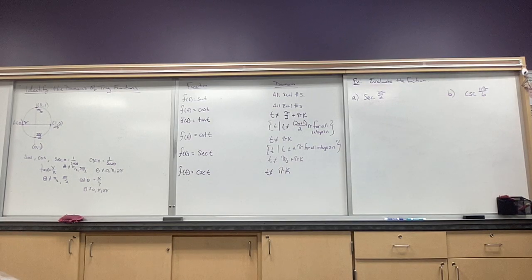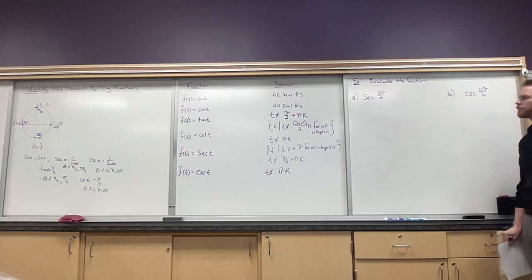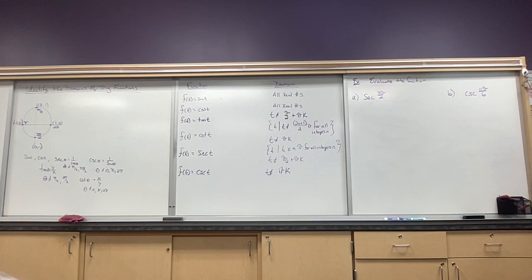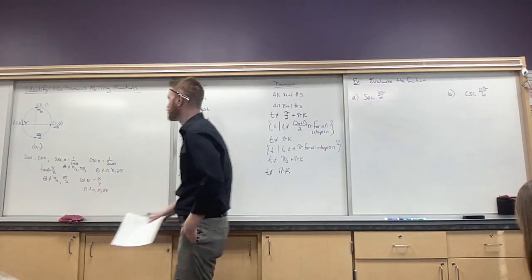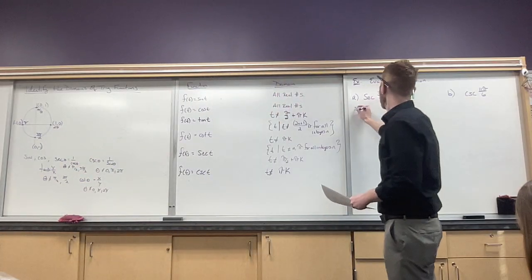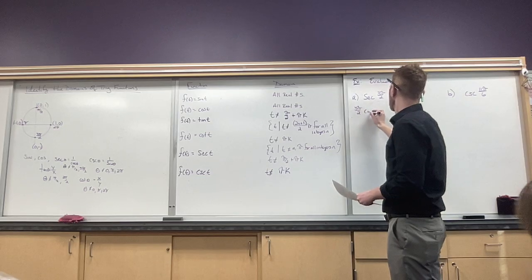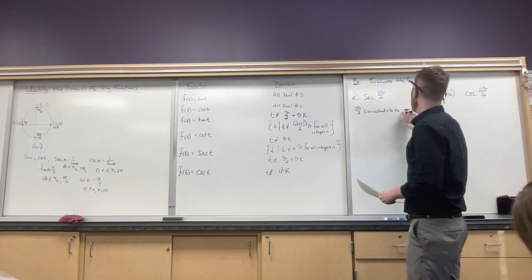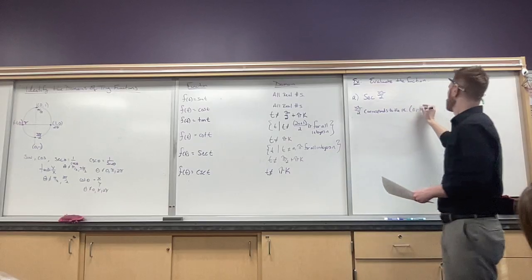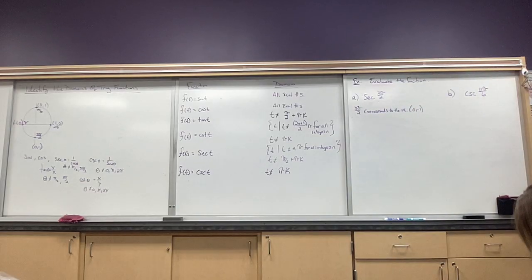The first one, think about 3 pi over 2 for a moment. What ordered pair goes with 3 pi over 2? This guy, right? 0, -1. So 3 pi over 2 corresponds to the point 0, -1. Okay?